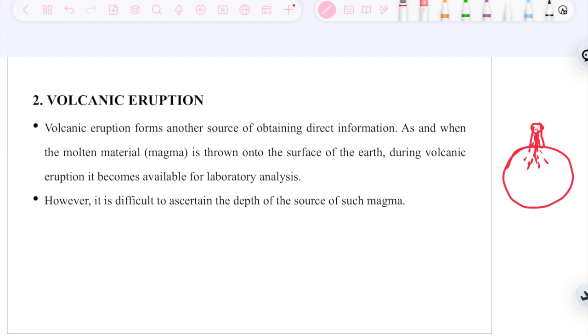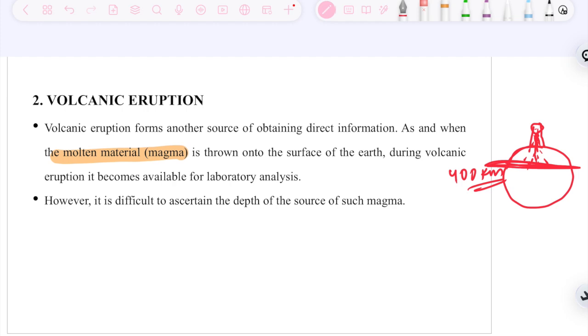But one point we have to understand is that it is limited to a maximum extent of 400 kilometers. Again, think, though it can be more beneficial than deep mining, still out of 6,400 kilometers it does not make a mark. So volcanic eruption is another source of obtaining direct information, as when the molten material, that is magma, is thrown onto the surface of Earth, it becomes available for laboratory analysis.